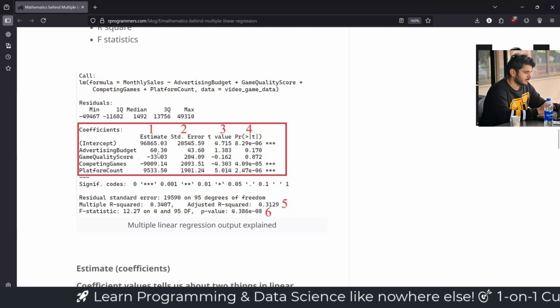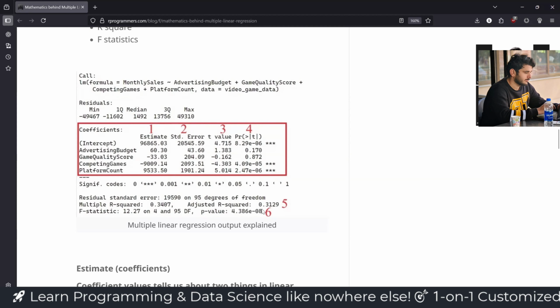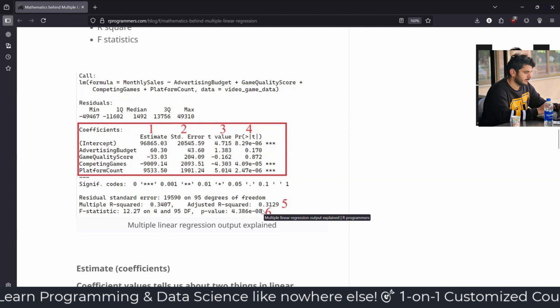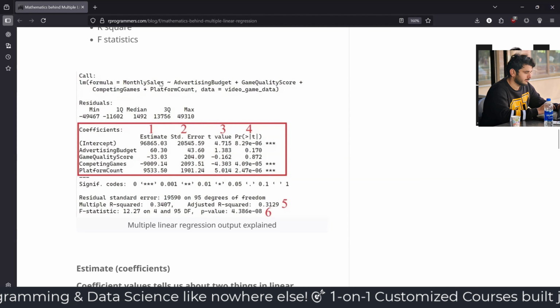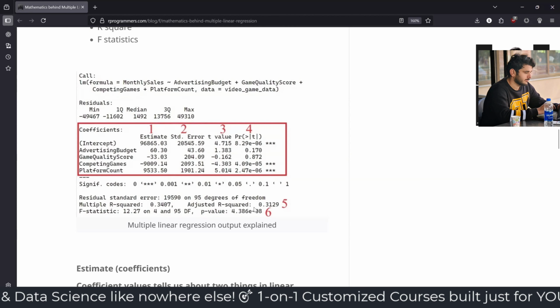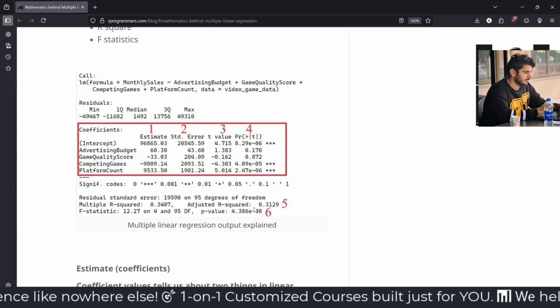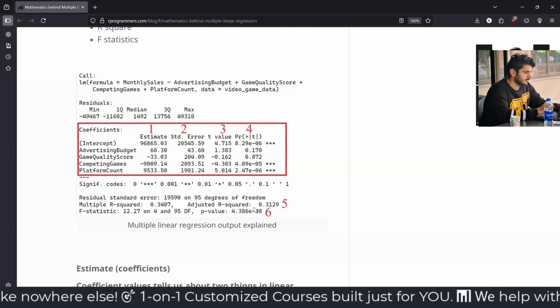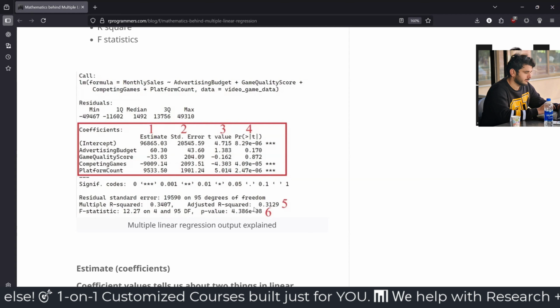Like there's no significant relationship. Now, if our R square is 1, it means it explains 100% of the variation in monthly sales, right? But 1 is not logical. Most of the time, all the time, we will not get 1. It's an ideal scenario and it doesn't exist.